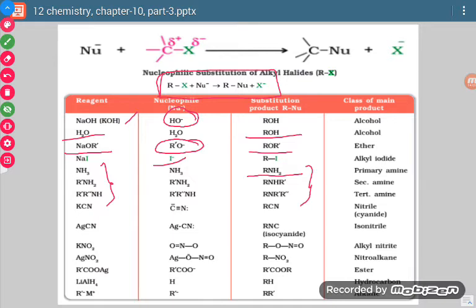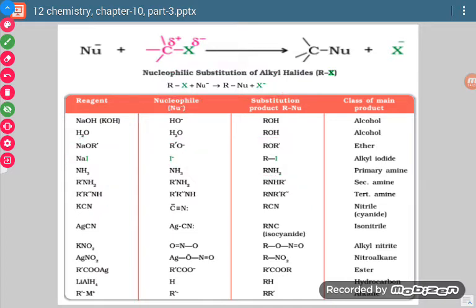Now the most important thing you have to remember is how alkyl halides react with potassium cyanide or silver cyanide. Similarly, how they react with potassium nitrite and silver nitrite. So we are sometimes asked that when a haloalkane reacts with potassium cyanide, it forms cyanides, or we say it forms nitriles.